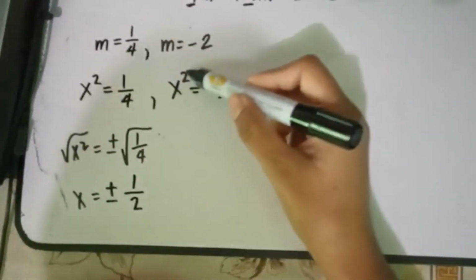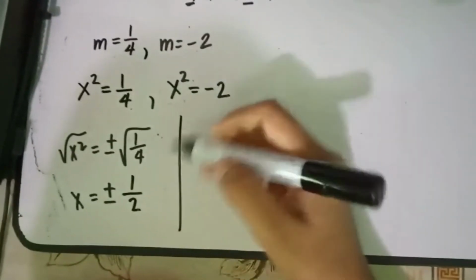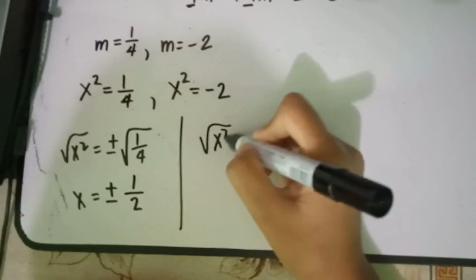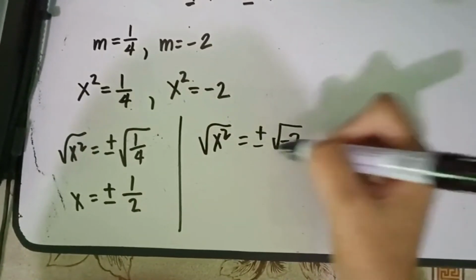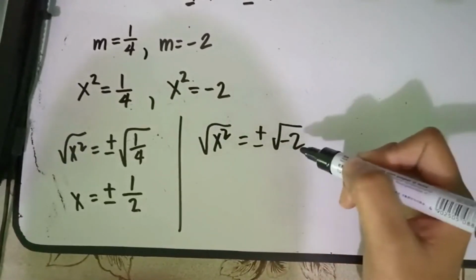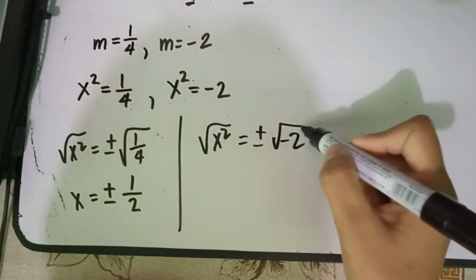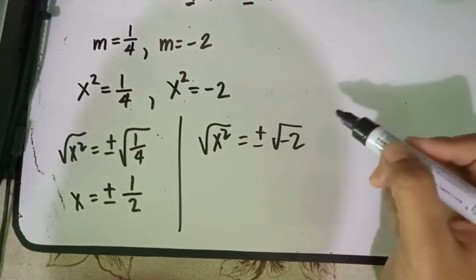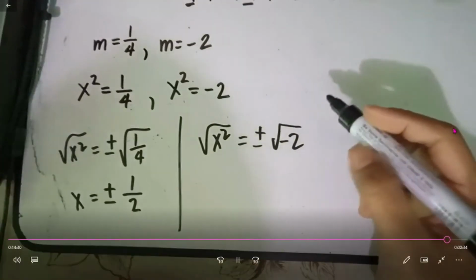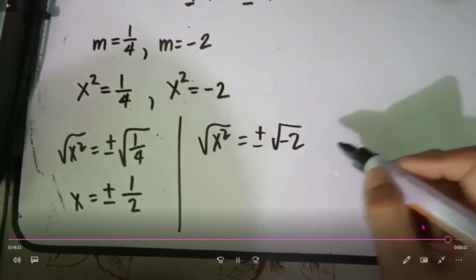While x squared is equal to negative 2, if you're going to take the square root, again, a negative radicand has no square root. Okay, so therefore we have no real roots.